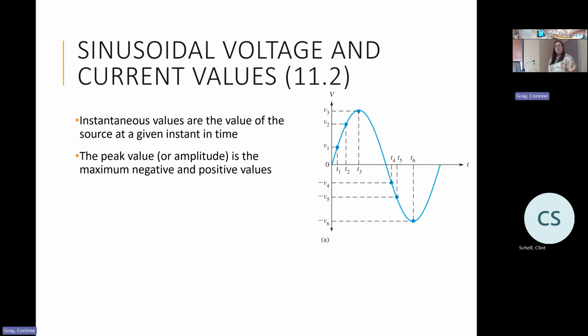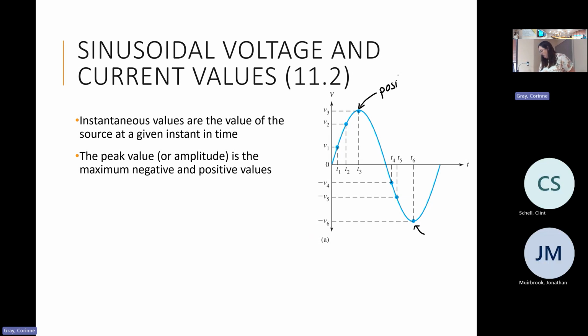We also have what is referred to as the peak value. This is also sometimes referred to as the amplitude. That is the maximum and minimum values that you're going to have. This is our positive peak, and then down here we would have our negative peak.